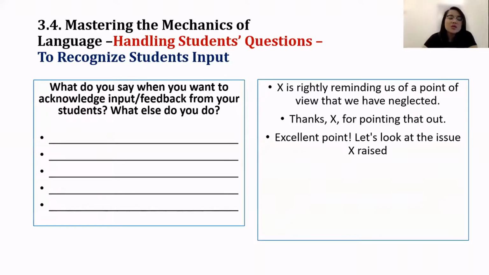Right, so we TAs, or even lecturers, professors, or instructors, are just human. Sometimes we forget something, sometimes we mistake something, and it's 100% okay to recognize our students' input, and we can use those phrases to recognize their inputs.